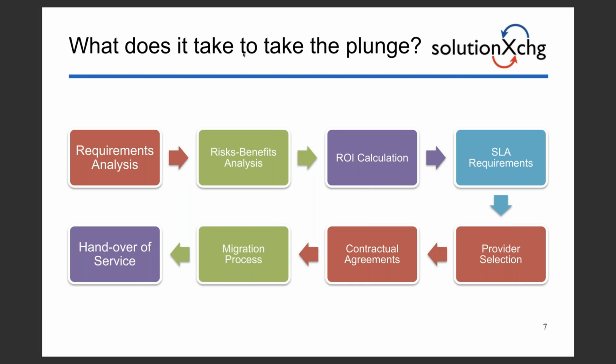Of course, switching has a cost to it. The data needs to be migrated, so there's a certain ROI calculation that you should look at. And then most important, you would have to clearly spell out your service level requirements so that you can approach your cloud service provider and right size the environment.